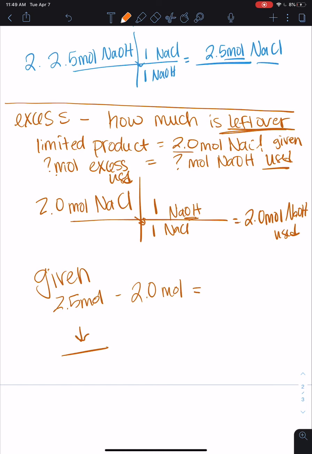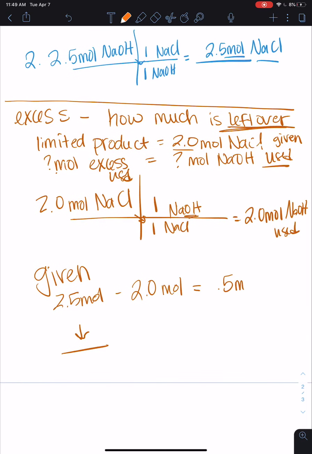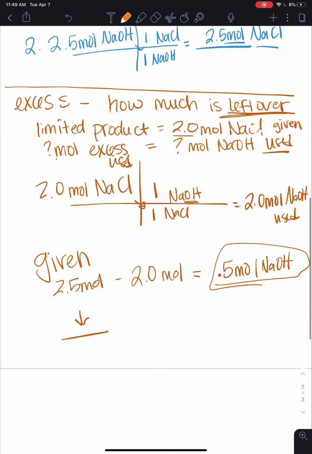So how much is left over? You're just going to subtract the 2, and you have 0.5 mole of NaOH just sitting there, not used. So this is our answer to this question.